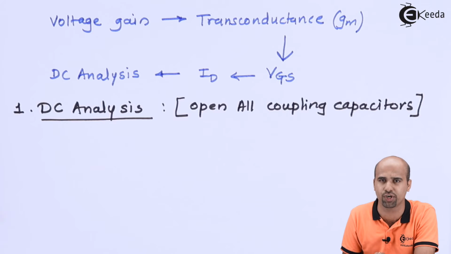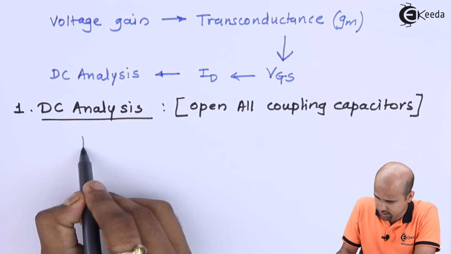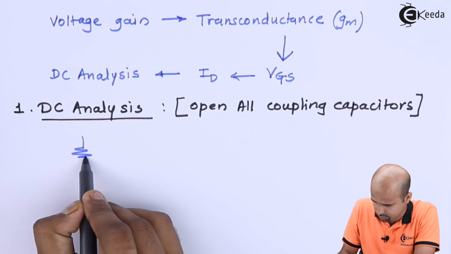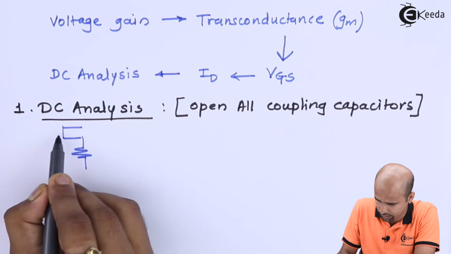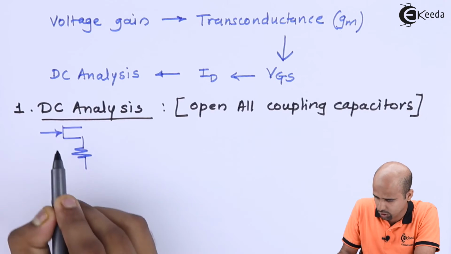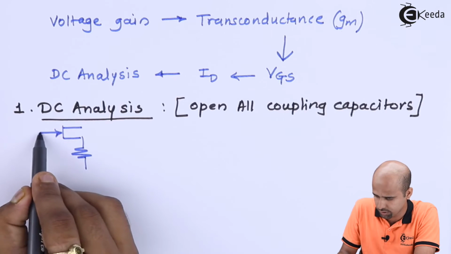Though VDSQ is not required and we are not going to calculate it, it's one of the DC parameters. We'll draw this circuit again. We require only this much part, and that is why we are not wasting this page over here.